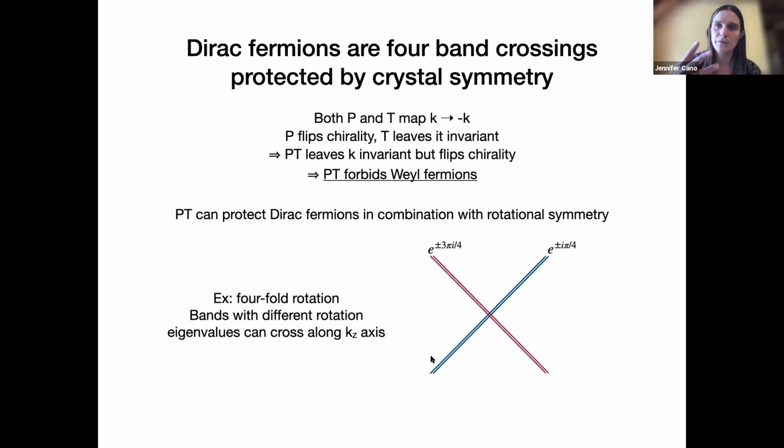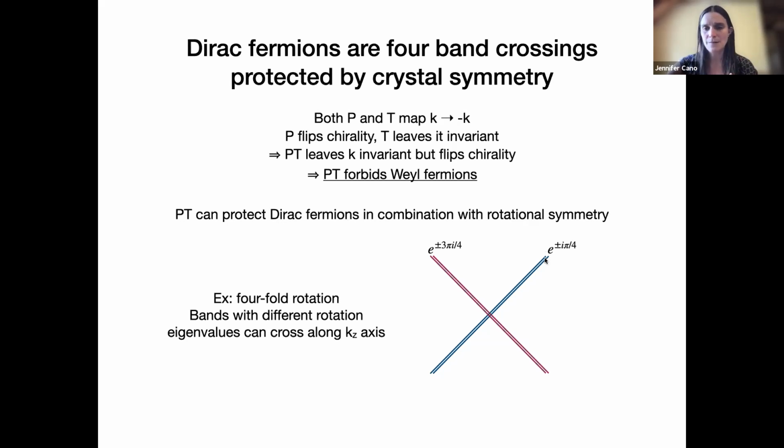There's four possible eigenvalues, which are the fourth roots of -1. And so the PT, inversion times time reversal symmetry, will cause bands to be doubly degenerate. And because of the anti-unitarity of time reversal, these doubly degenerate pairs will have opposite fourfold rotation eigenvalues.